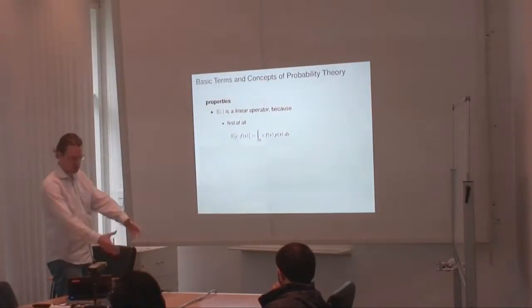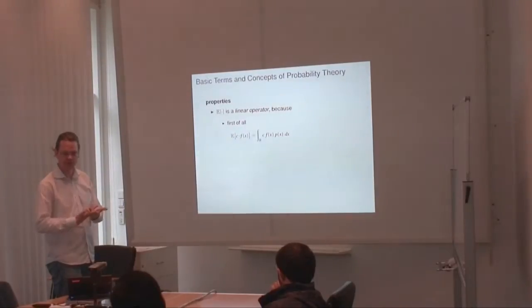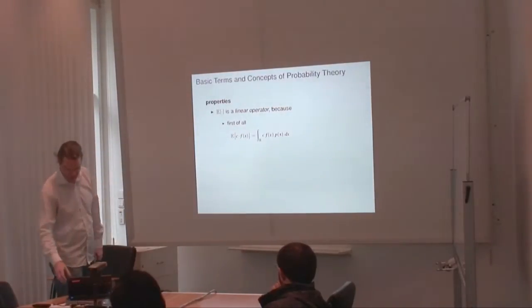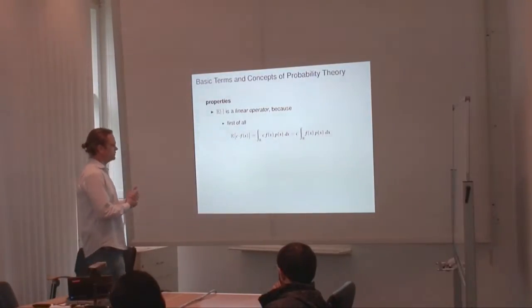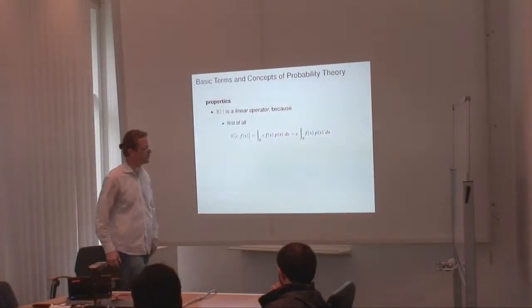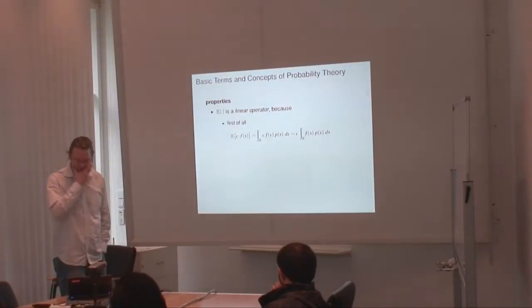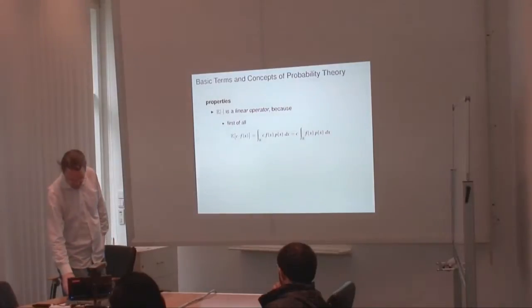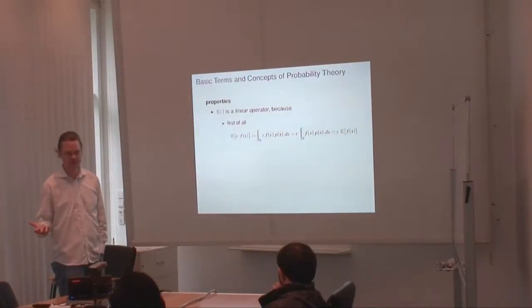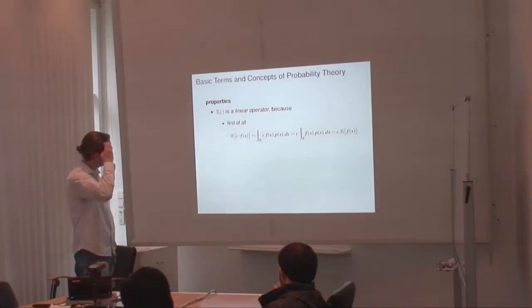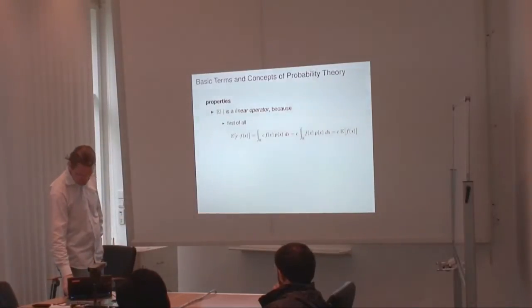Of course, we can pull the c out of the integration because it's a constant, it does not depend on x. But then that is c times the expectation of f of x.